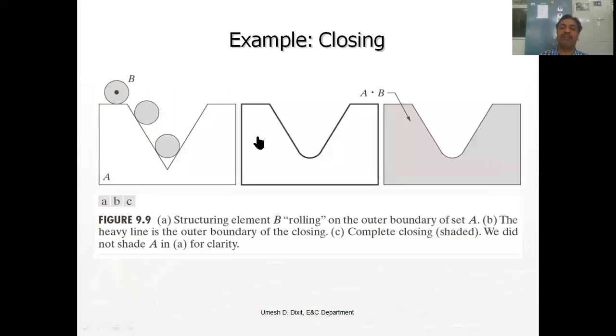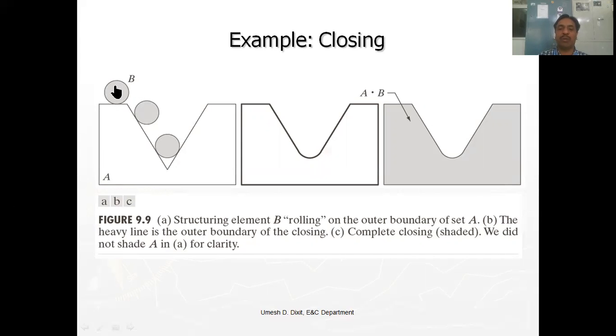Here we have the geometrical interpretation of the closing operation. The closing operation can be thought of as rolling of the structuring element outside the boundary of the original image A. Here A is again the original image and B is the structuring element.